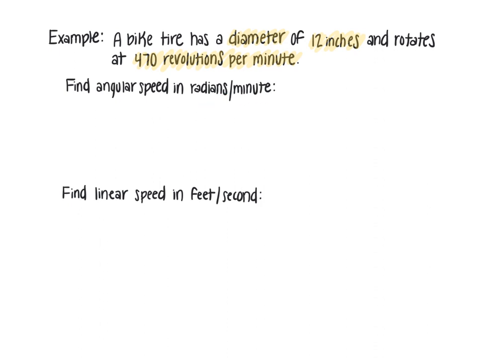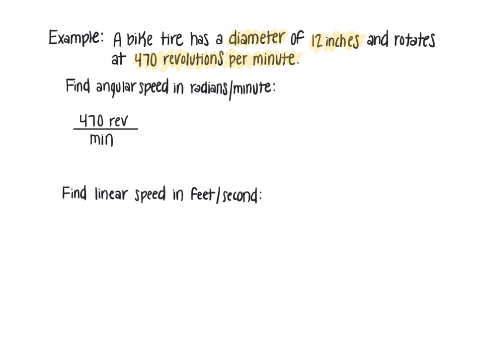When solving these problems, the best approach is using dimensional analysis. I'm going to take information given in the problem and then use dimensional analysis to reach the answer I'm looking for. So far, I know that this tire is rotating at 470 revolutions per minute.